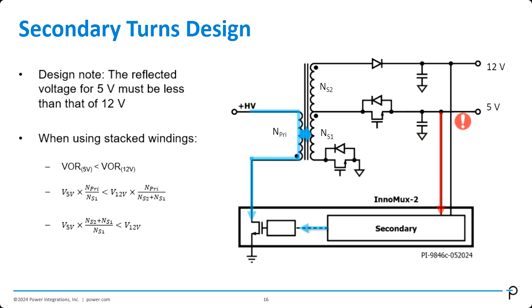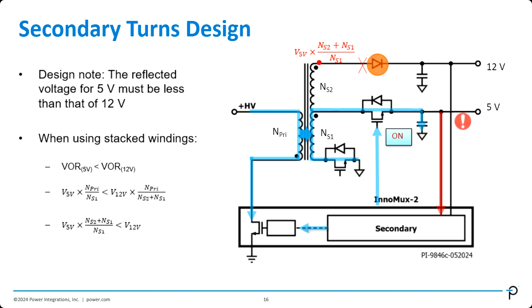So over here, I'd like to touch upon the design principles of InnoMux-2. I'm saying that the reflected voltage of the lower output must be less than the reflected voltage of the top output. Why is that? That is because when the current is being discharged to 5 volt, I want the energy to be discharged only to 5 volt.